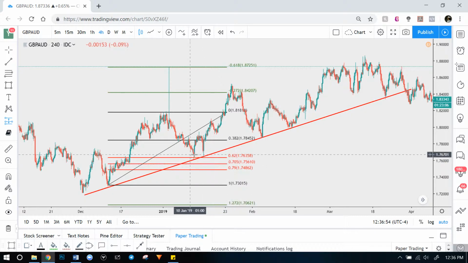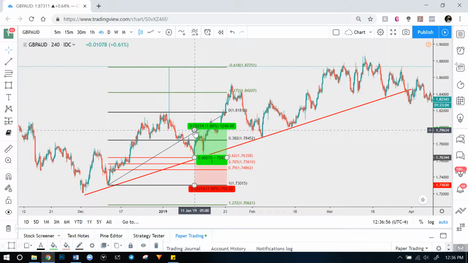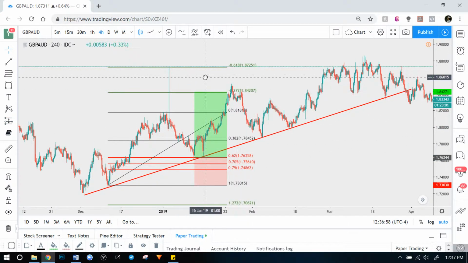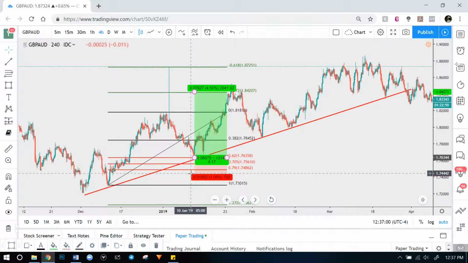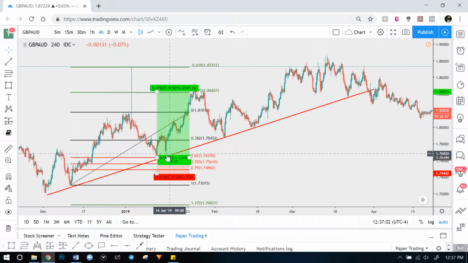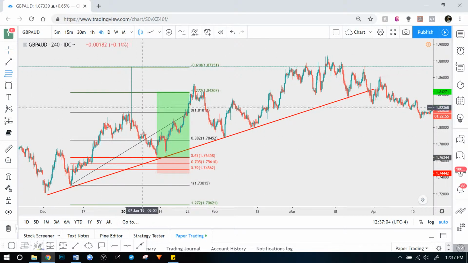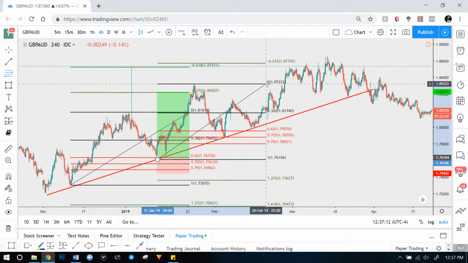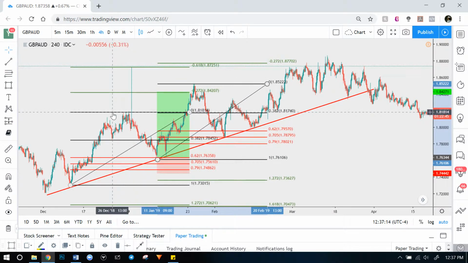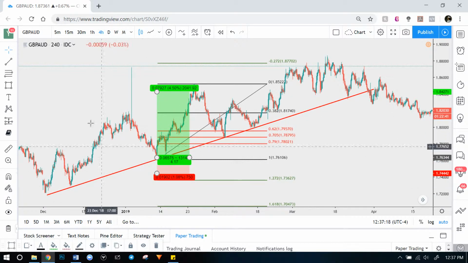So the red levels, I'll go into fibs in a bit, in later videos, and then there's a trade. Now if you kept your trade and price came back up and comes back down to the trend line, you would pull your fibs again from the low to the high.